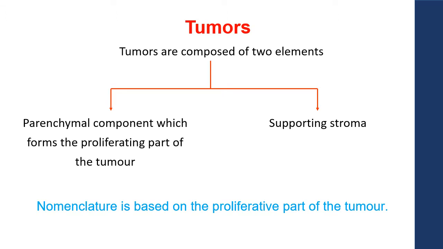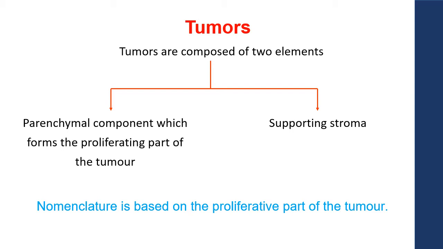Any tumor is composed of two elements: the parenchymal component and the stromal component. The parenchymal component is the main component of the tumor, which is very essential for the character of the tumor. It is the proliferating part of the tumor.